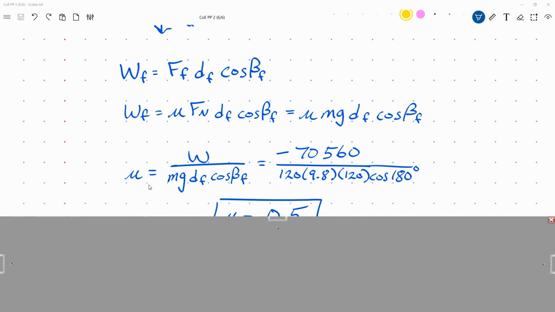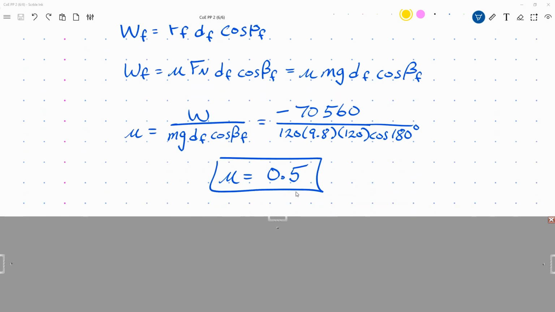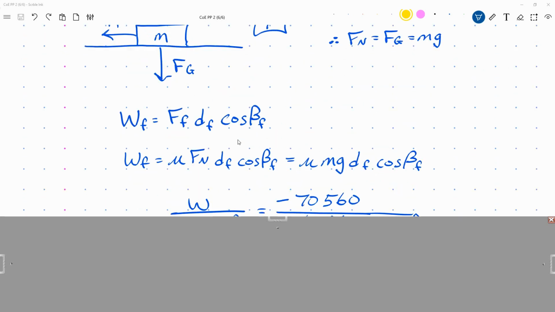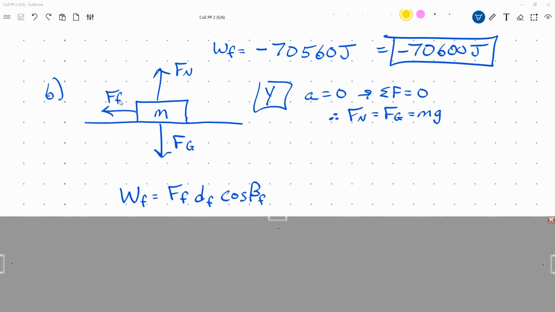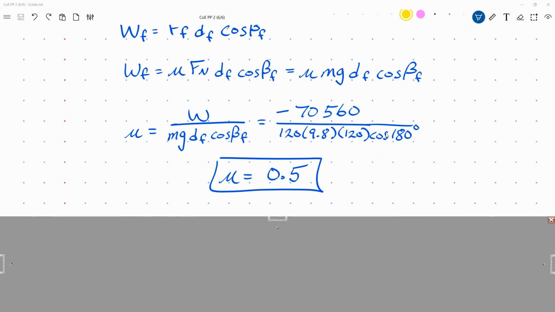So solve for the coefficient, mu equal to W over mgd cos beta, put the values in, and get an answer. By the way, notice that the beta value was 180 degrees because friction was pushing to the left while the motion was to the right. So there was 180 degrees between the force of friction and the motion.